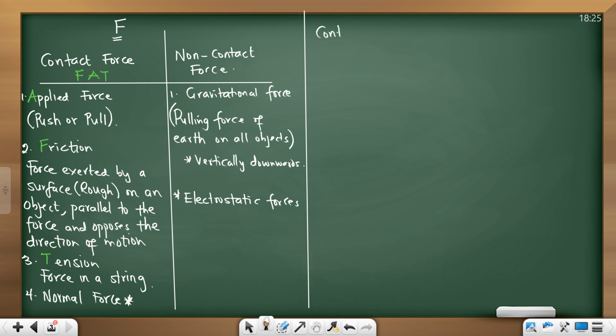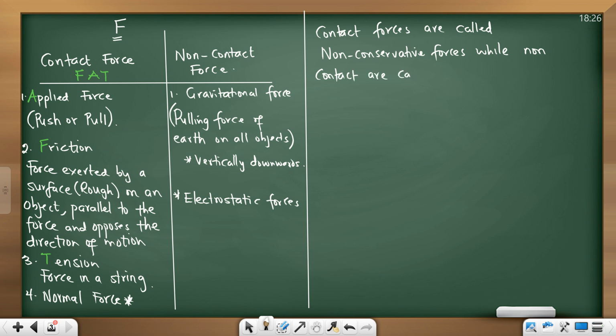Contact forces are called non-conservative forces, while non-contact are called conservative forces.